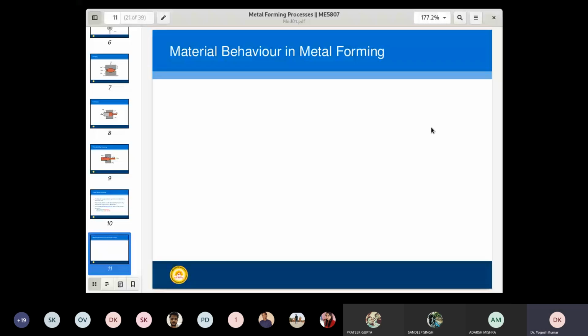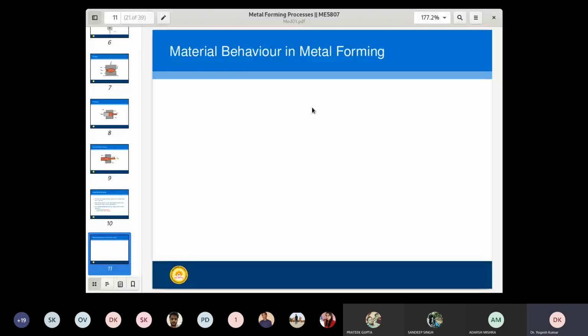There are a number of properties that will be important. The common types of loading which we apply during metal forming processes are compression, tension or tensile, shear, torsion, or a combination of all these four.